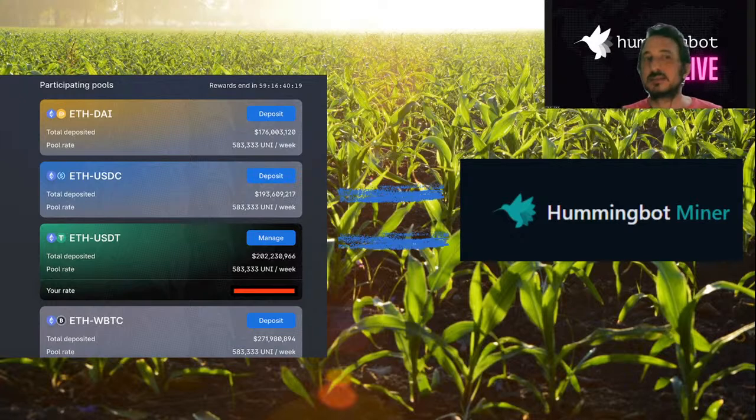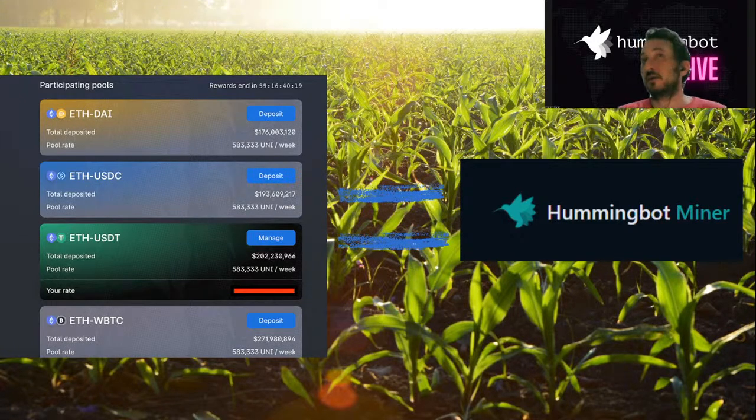So is that project good enough long term where I want to have my assets, my inventory tied to the project just to receive a supposed reward? Well, I don't know. That's up to you to decide, to look at the project and understand the project, and the same works for miners.